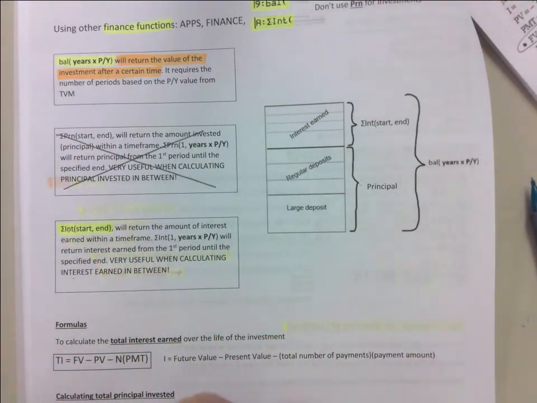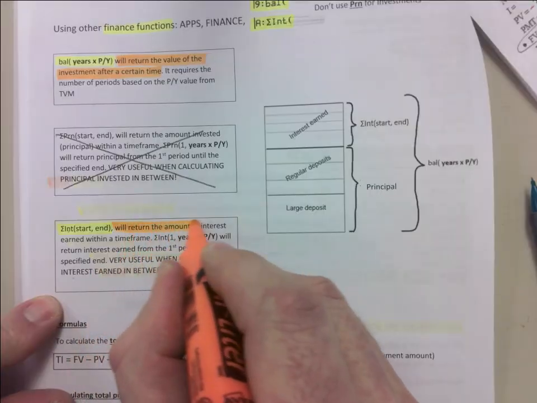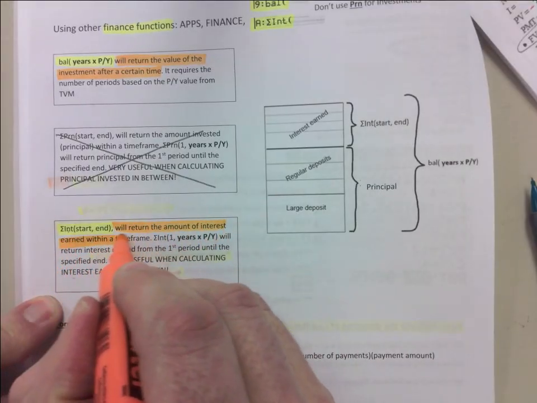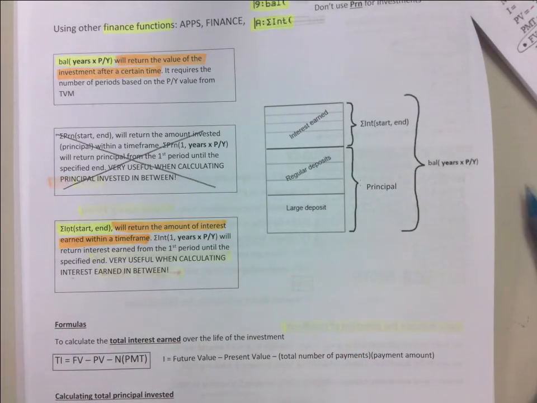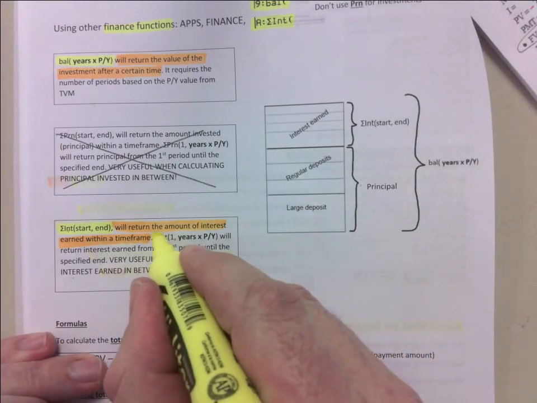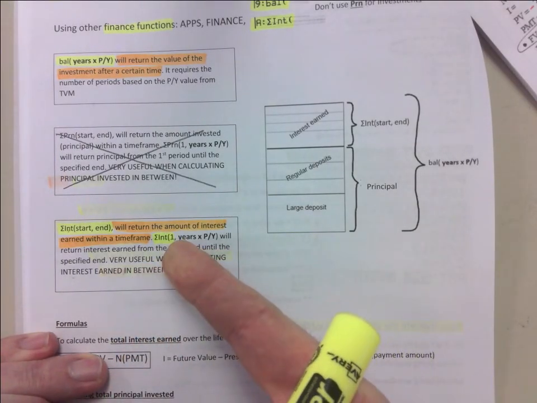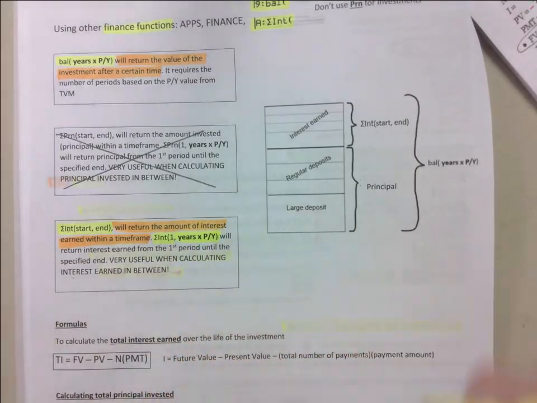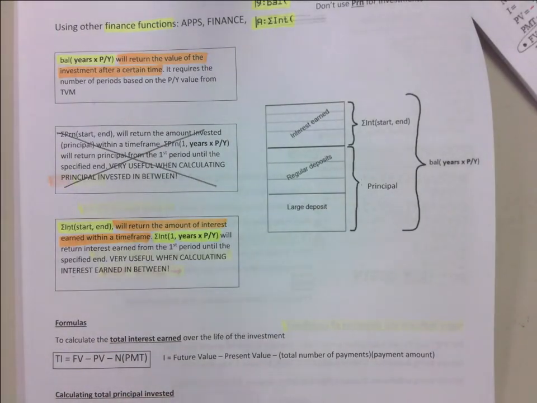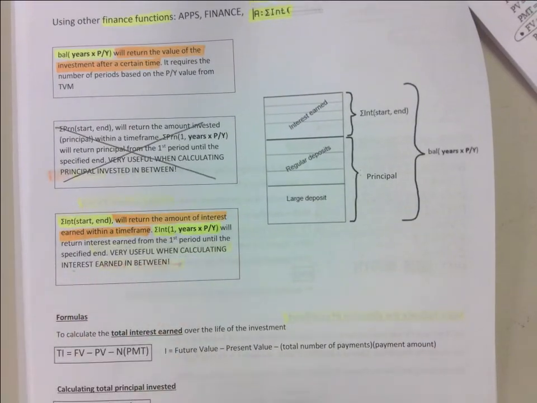So it will return the amount of interest earned within a time frame. In general, you want to use sum of interest. You want to call it, start with a 1, and then go to years times PY. Very useful when calculating interest earned.